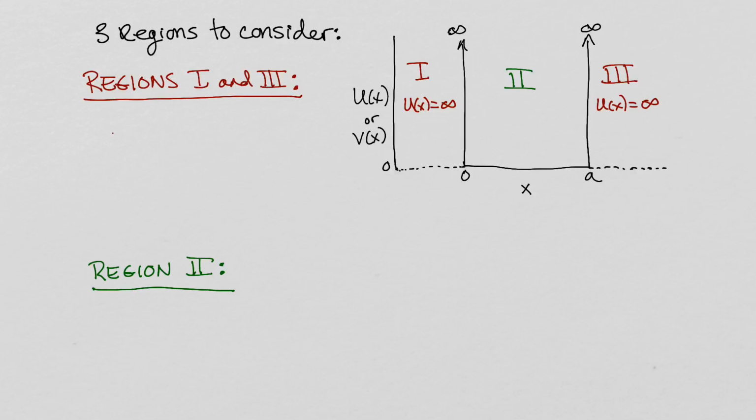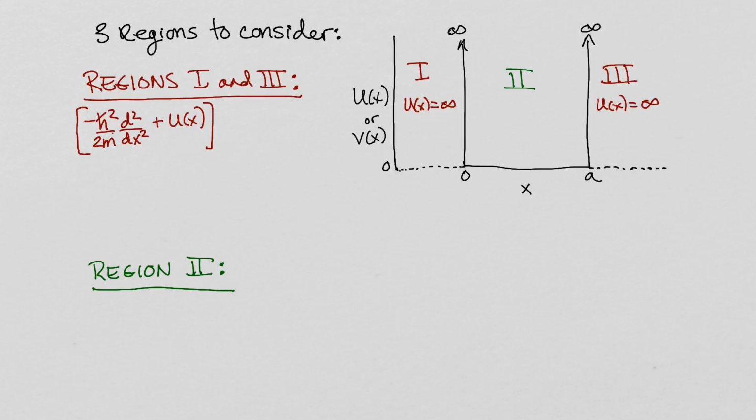Okay, so starting with regions 1 and 3, we're going to set up our Schrodinger equation. So remember, we want our H psi equals E psi here, where we're going to plug in for our Hamiltonian. So we want our kinetic energy operator, minus h bar squared over 2m d squared dx squared, and then our potential energy operator, we'll just call that u of x for now.